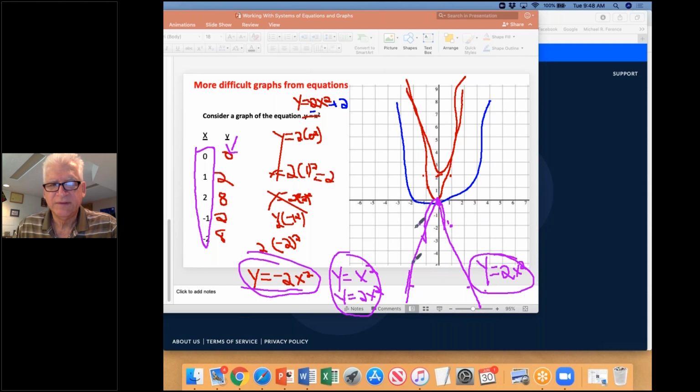Once I have the points, then I can do the graph. You can take any equation and turn it into a graph.